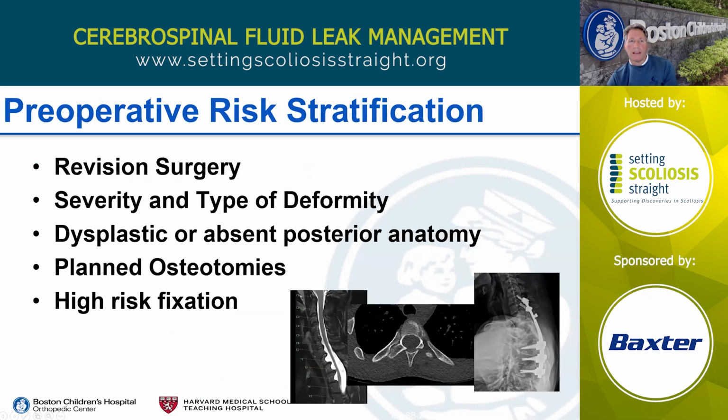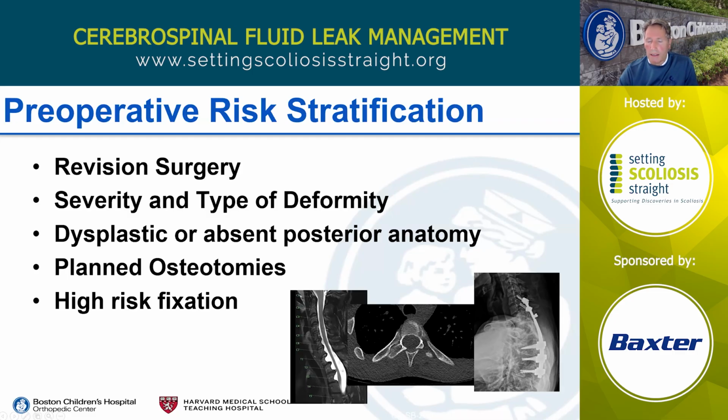So preoperative risk stratification, what Mike already talked about a little bit: revision surgery, the severity and type of deformity, dysplastic or absent posterior anatomy on exposure, planned osteotomies, like everybody's talked about. If you're going to be in the canal, you increase your risk of a dural injury, and high-risk fixation.